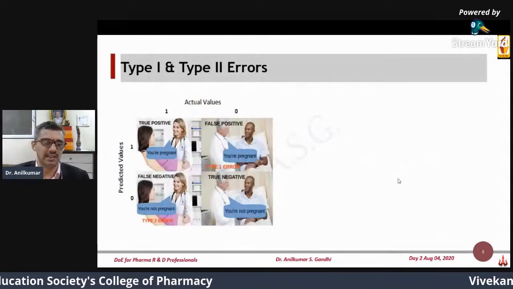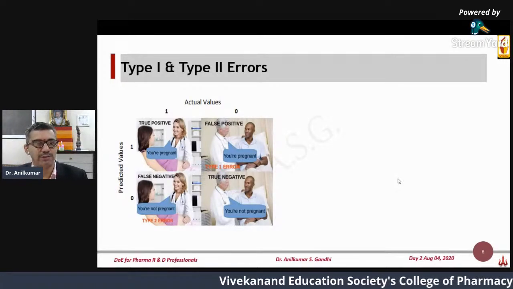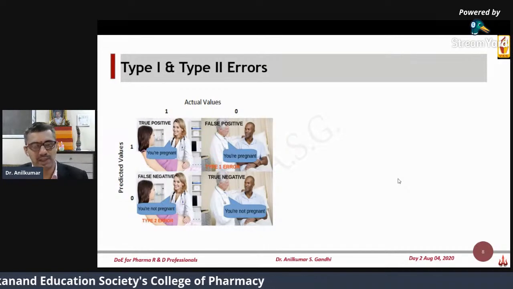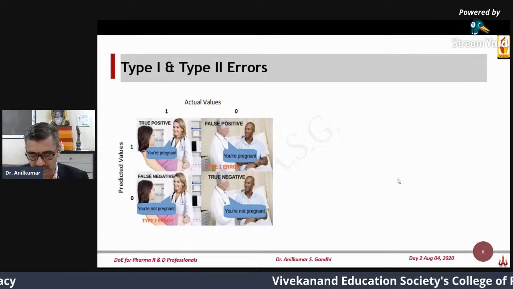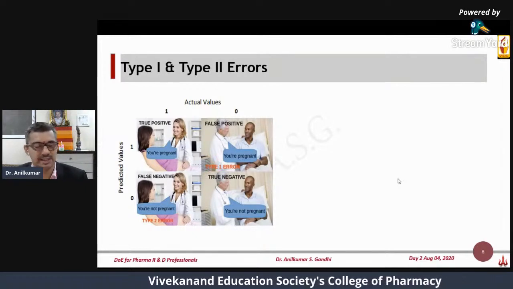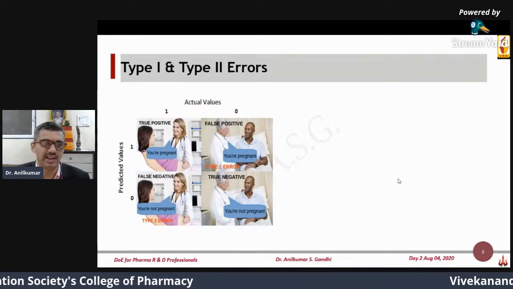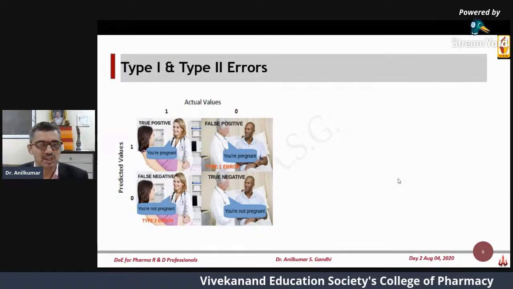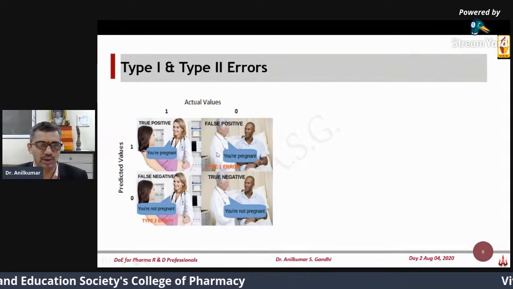So this is a very striking and little funny example. You have two people, one is a pregnant lady and the other a male person, and both of them undergo pregnancy tests, let's say. So what happens? Obviously, you know that the lady is pregnant, and you know that men cannot get pregnant. So your actual value is, as shown in this slide, 1 and 0.